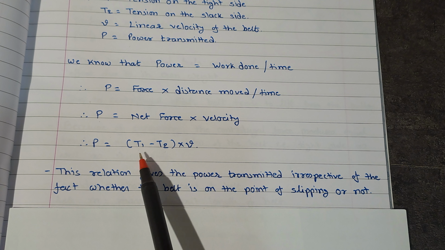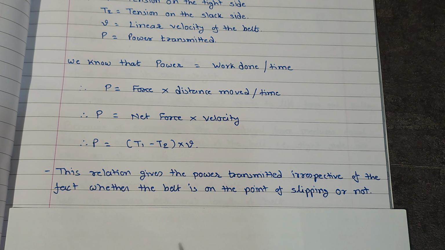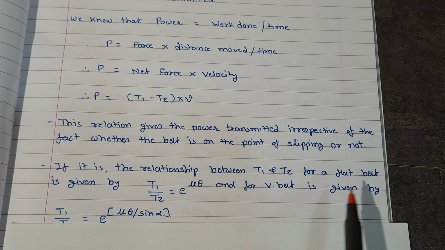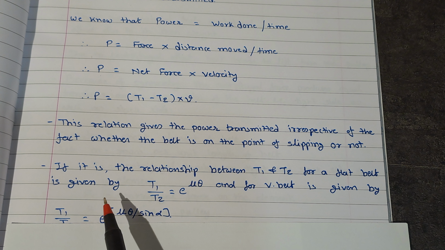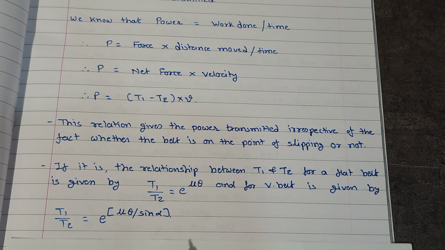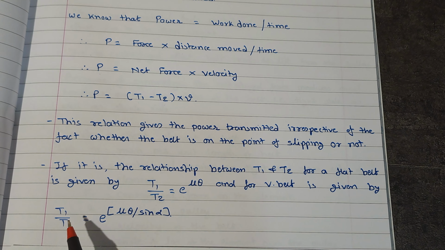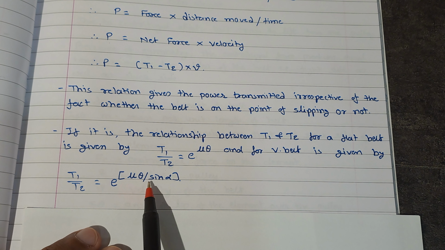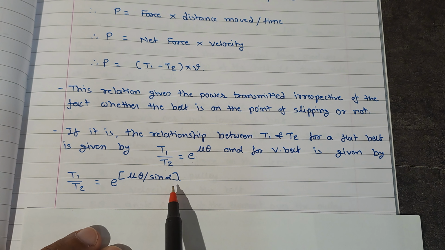But the tension relation between T1 and T2 for different belts: for a flat belt, the relation between T1 and T2 is given by T1 upon T2 is equal to e raised to mu theta, and for a V belt it is given by T1 upon T2 is equal to e raised to mu theta divided by sine alpha.